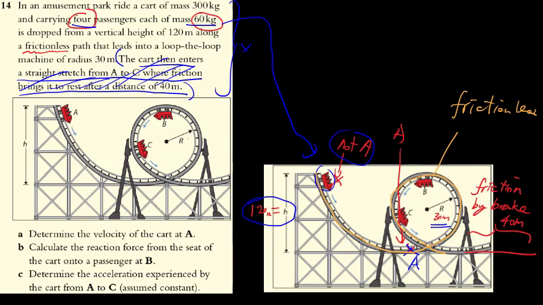And after that, you can imagine that it enters a track which would brake the car down for 40 meters. Therefore, when you are calculating the first part of the question, forget about the friction, and after that for part C, you'll be considering it. So you may now truly do your question.